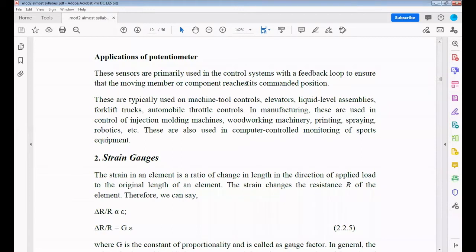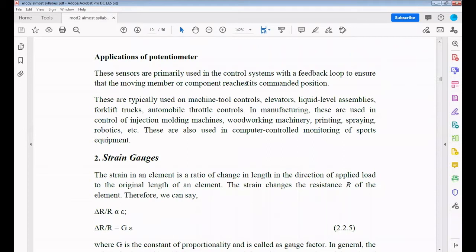In that type of machinery also we are using it, and not only that, automobile throttle control systems, and in manufacturing systems, and those are used in control of injection molding machines, woodworking machinery, printing, spraying, and robotics, etc.